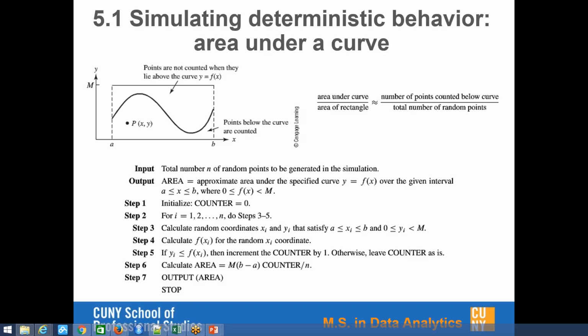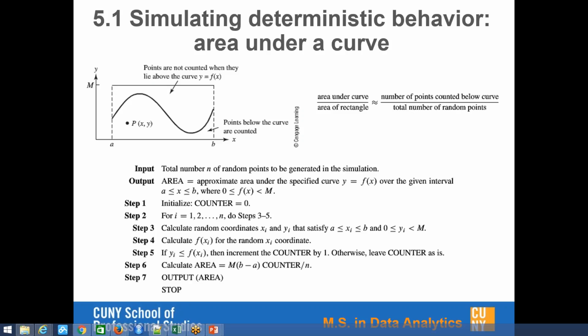The steps included here: you need a counter equal to 0, to count how many points are under the curve. Then for i from 1 all the way to n, do steps 3 to 5. Step 3 is to calculate random coordinates xi and yi that satisfy this relationship. Step 4 is to calculate f(xi) for the random xi coordinate.